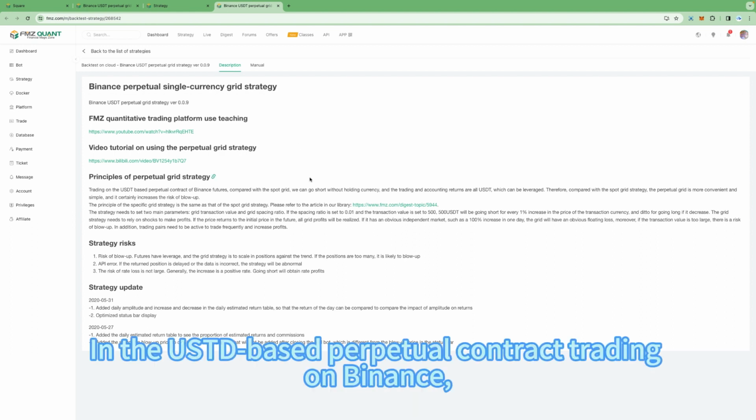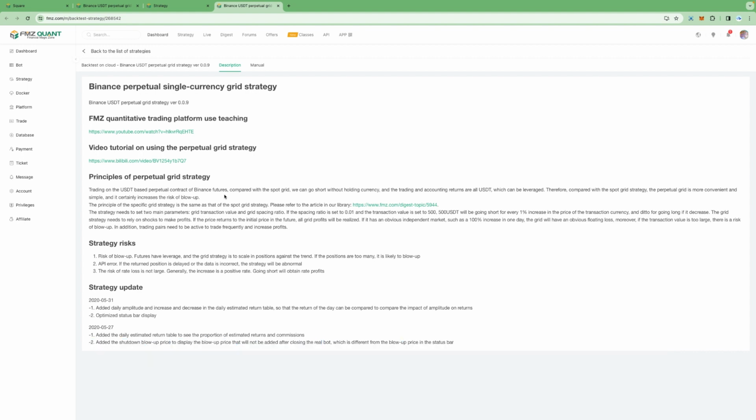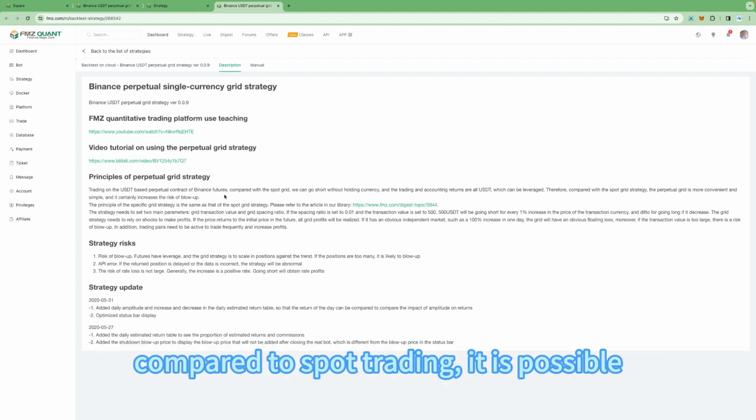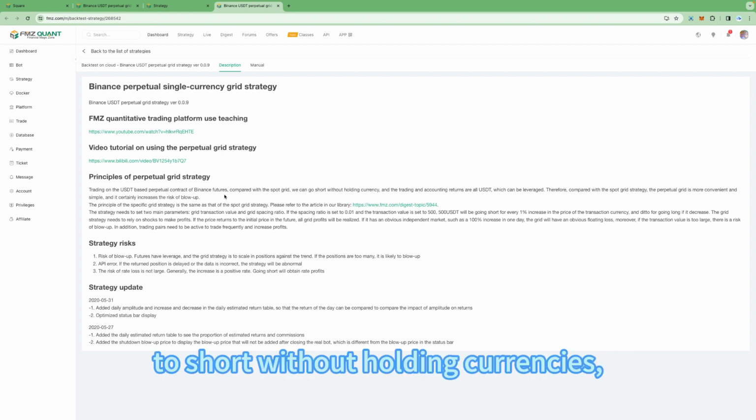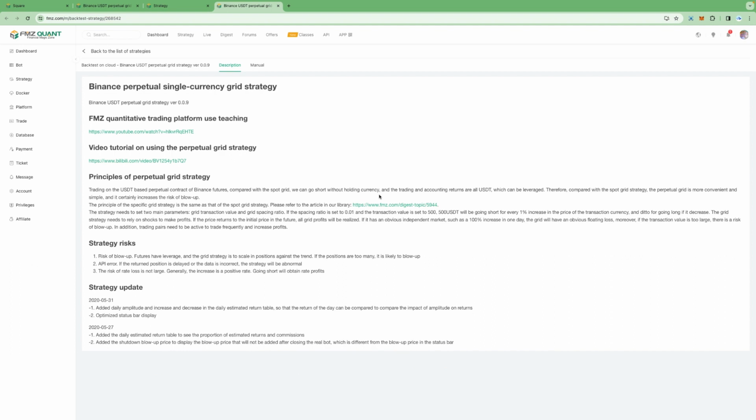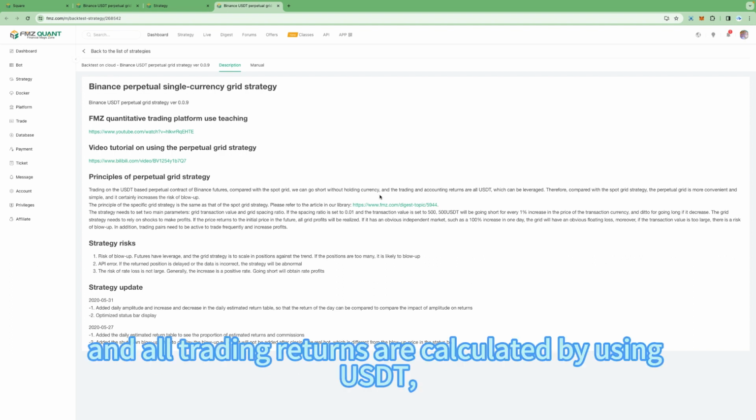In USDT-based perpetual contract trading on Binance, compared to spot trading, it is possible to short without holding currencies. And all trading returns are calculated in USDT.